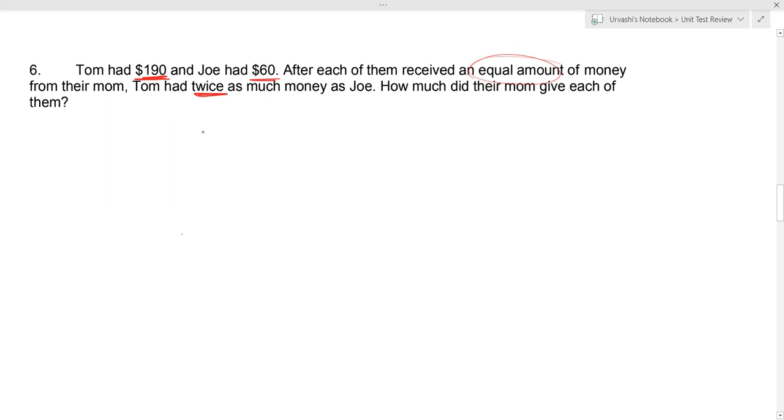So then I drew a model, which then I wrote T for Tom, and then I drew 2 boxes, and then I put 190 in the first box, and then I did 190 minus 60, and then 130, so then I drew 2 more boxes, and that were Joe's.